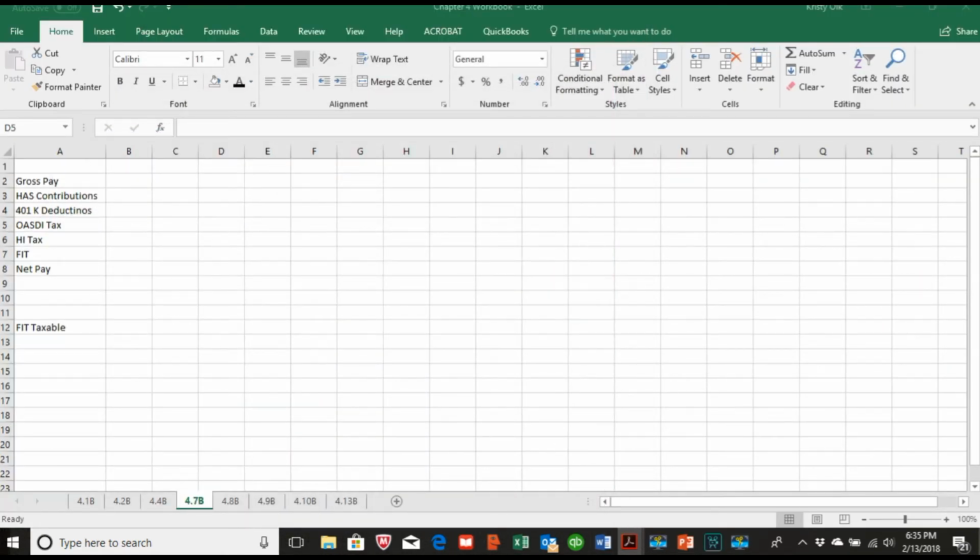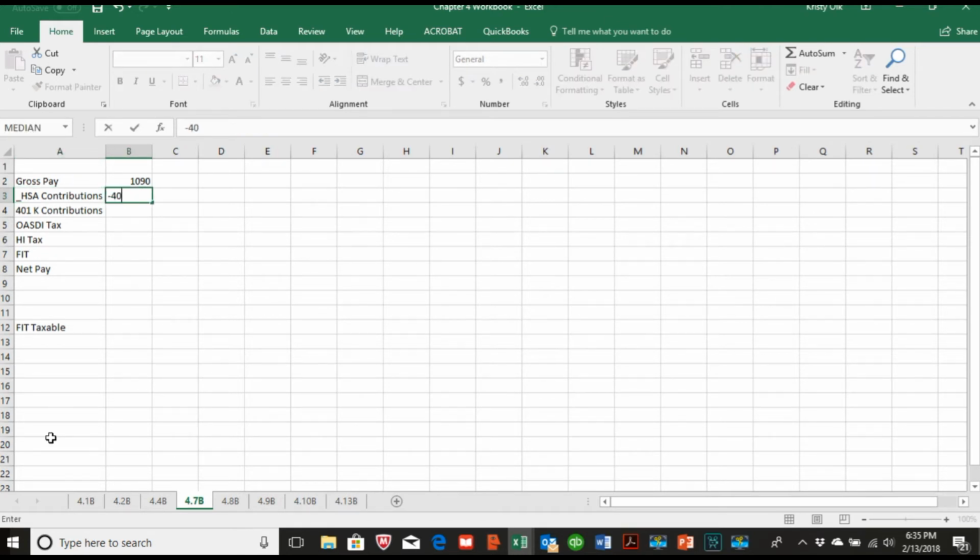So to start with, we'll go ahead and put in her gross pay. That's $1,090. I got a little bit of flipping around and transposition there, so let's go. This is 401k contributions, and this is HSA contributions.